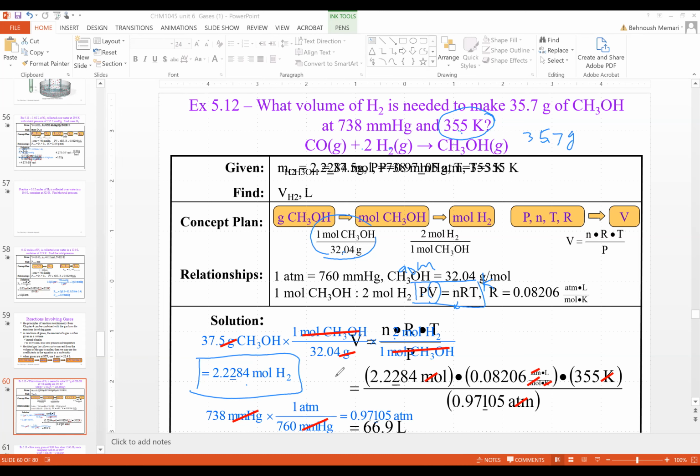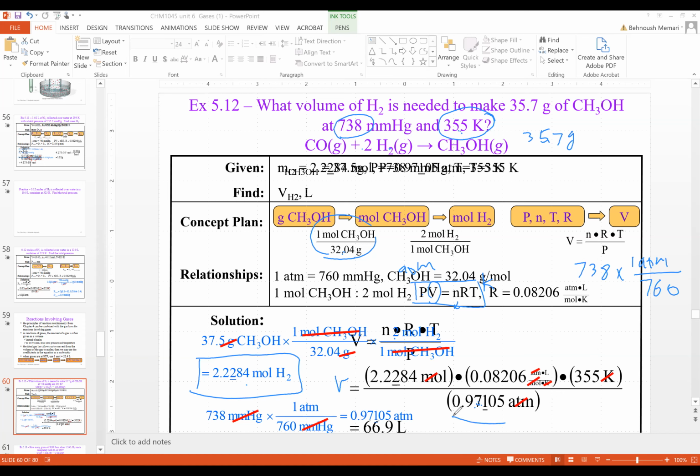V equals nRT over P, with pressure in atm. So if you look at the value given for the pressure, 738, you want to convert that to atm. You would say 738 times 1 atm over 760.